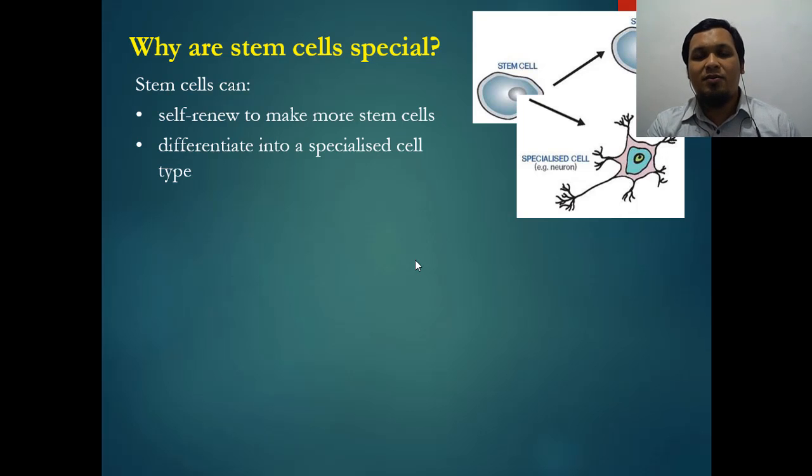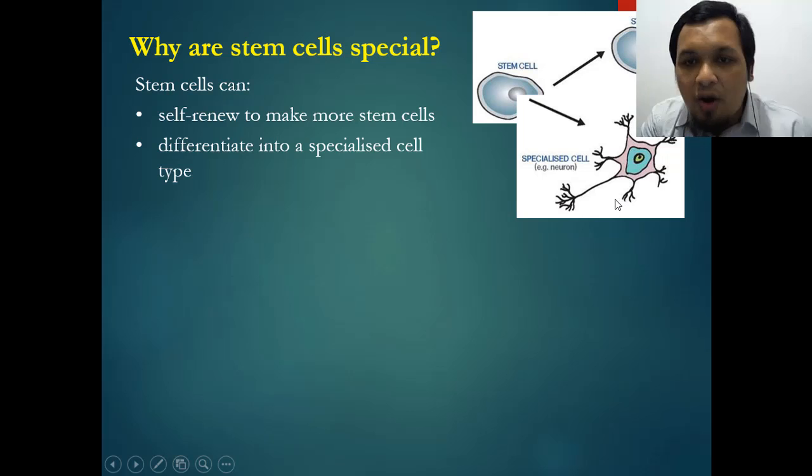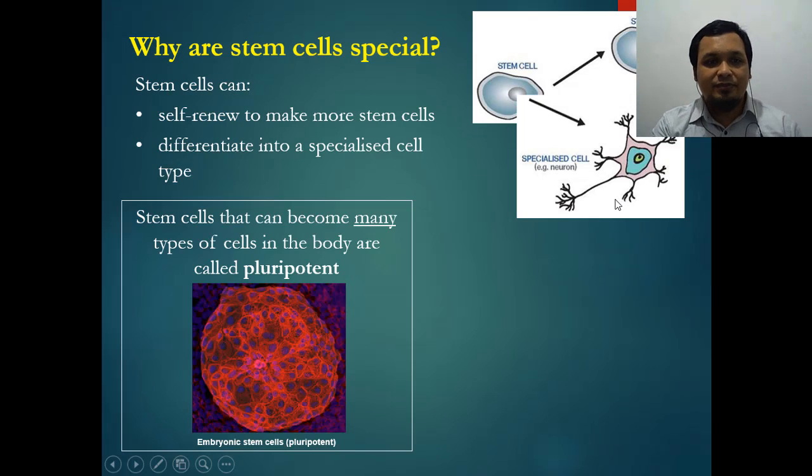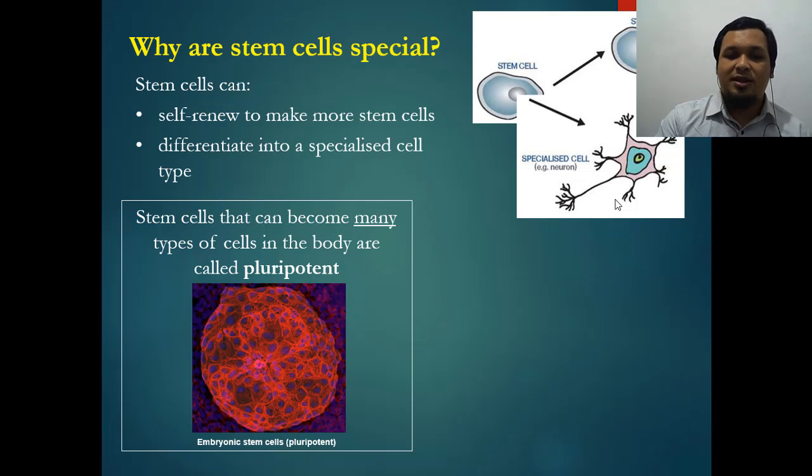For example, here is an example of the neuron. Stem cell can become many types of cell in the body. We call it pluripotent, which means the cell can be anything.